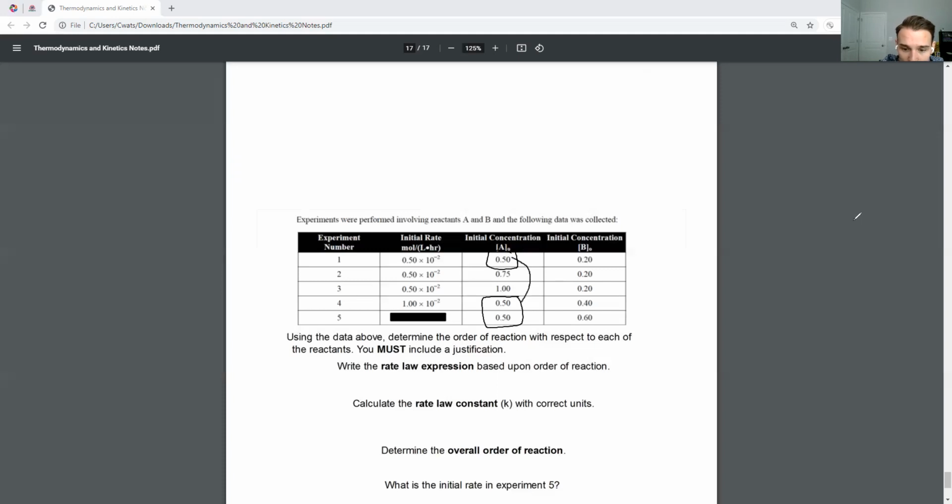So from 1 to 4, A stays the same. What happens to B? B doubles. What happens to the rate? Rate doubles as well. So that means B is first order. They are directly proportional to each other. So let's write the justification.